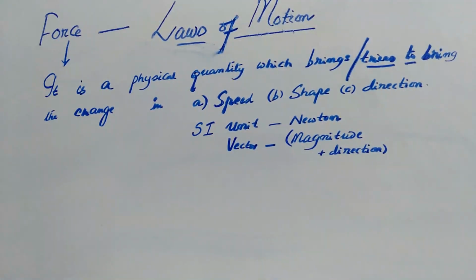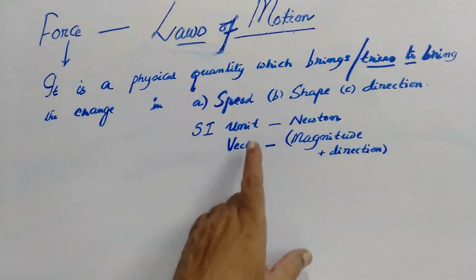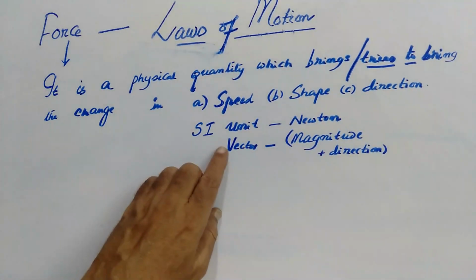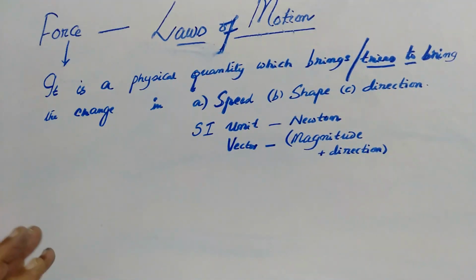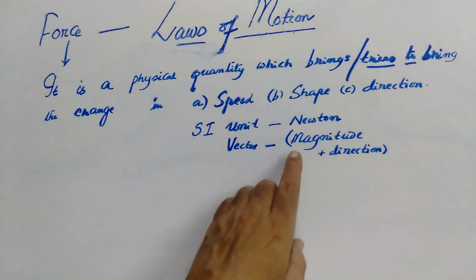So to describe force completely, we require both magnitude and direction. Therefore, it is to be called a vector. What is the other quantity? That is scalar, which can be explained fully with the help of only magnitude.